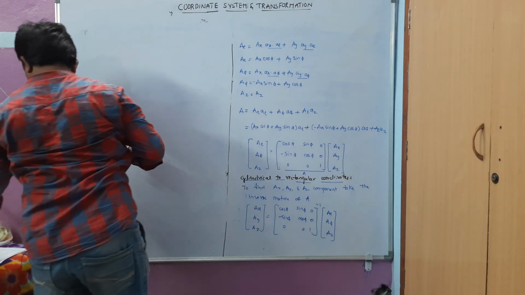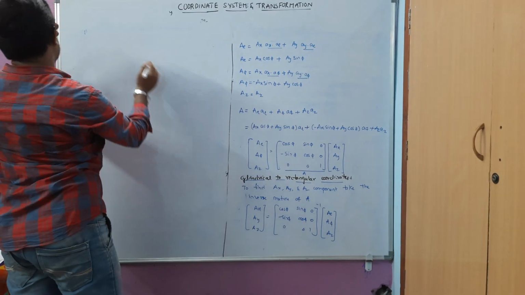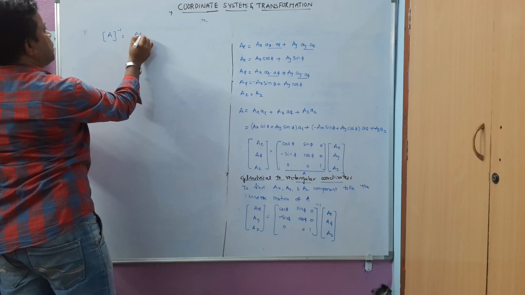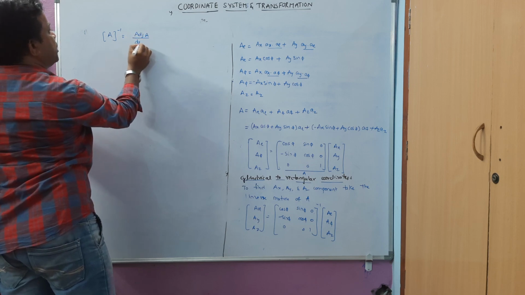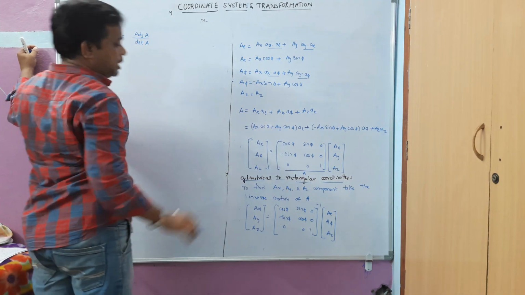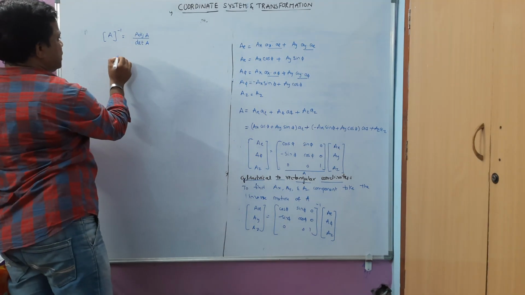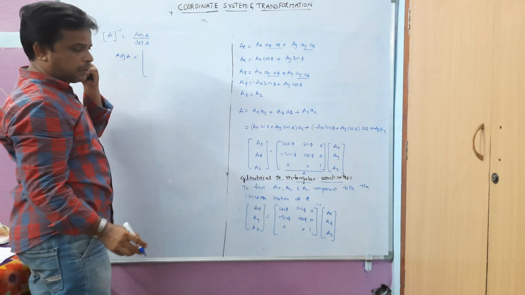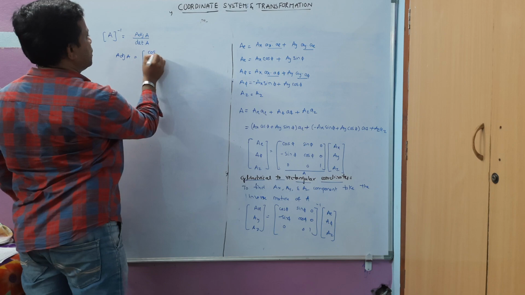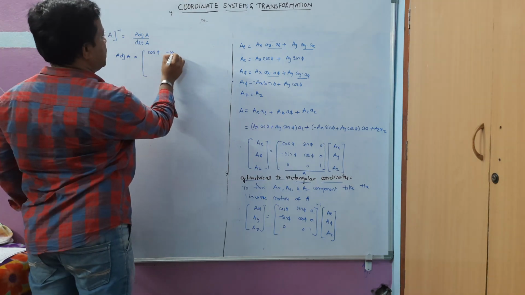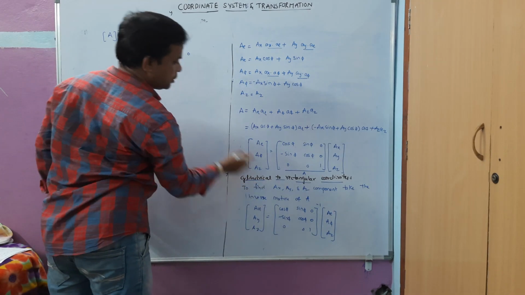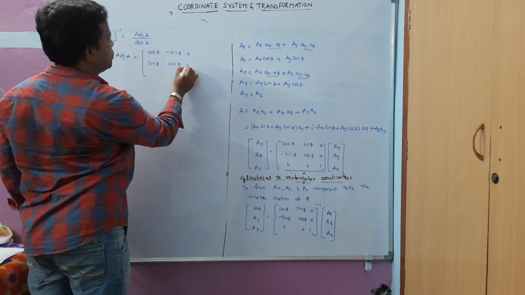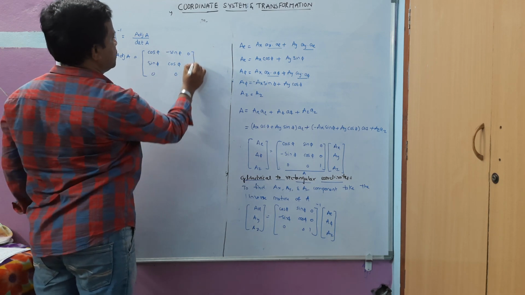So inverse of the matrix A will be adjoint of the matrix A by determinant of the matrix A. Adjoint of A, we just have to interchange the rows and columns: cos phi, minus sin phi, 0.